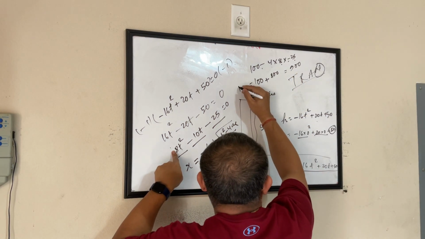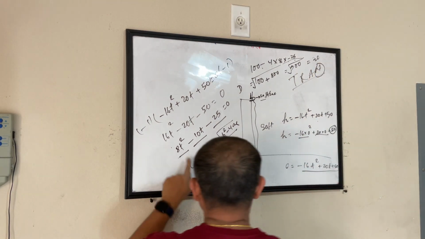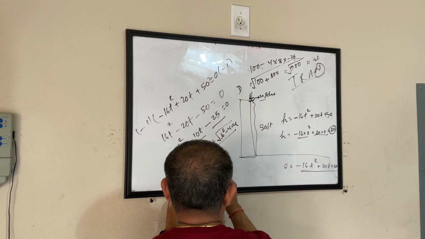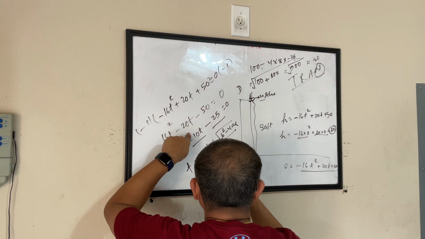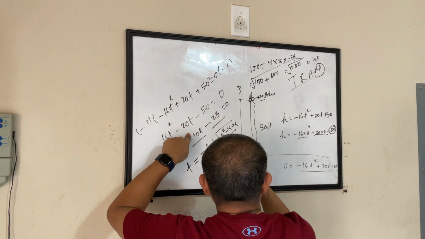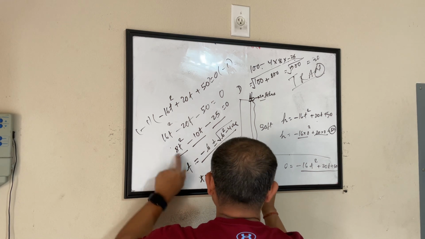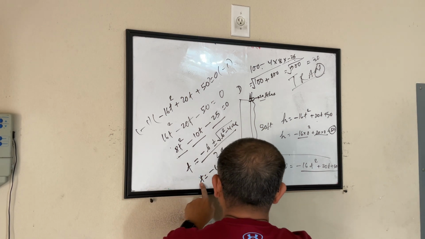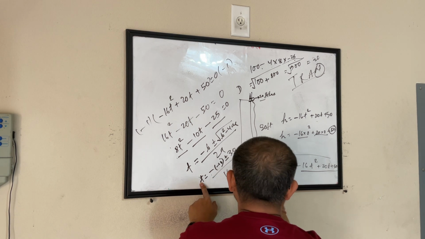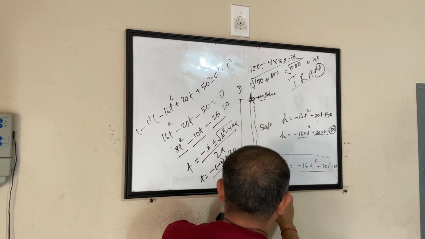So your discriminant's square root becomes 30. So you got two values of it, x or t. This is not x, this is t. So t you got as minus b, which is minus into minus 10, plus minus this value, which is 30, divided by 2a. Your a is 8, that is 2 into 8, 16. So you got 2 values here. So this becomes minus into minus, plus 10 plus minus 30 by 16. So there are 2 situations when the ball will hit the ground at 2 times.